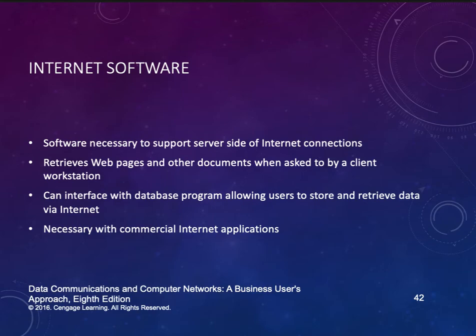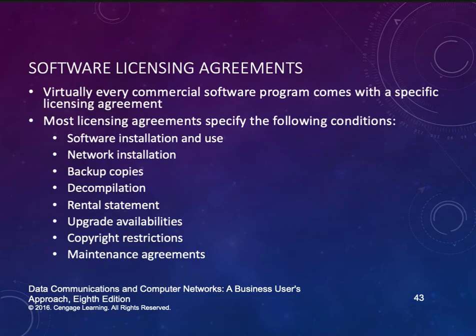Not forgetting, most software comes with a license. Okay. We have a commercial license in order to be able to use it. So things to consider: software installation, network installation, backups, decompilation, rental statement, upgrades, availability, copyright restriction, and maintenance agreement.